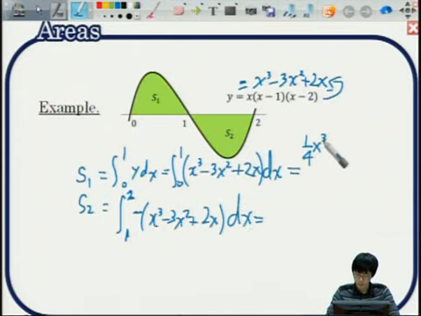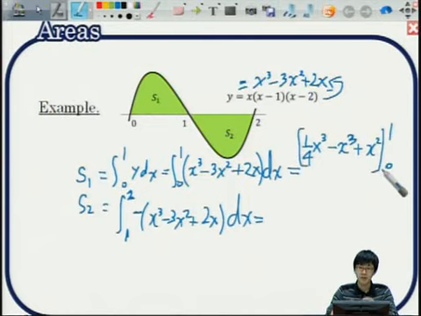Then this will be, so are you students kind of familiar with this polynomial integration? I'm familiar. Yeah, but if you are not familiar, you have to memorize this. Because this calculation is very basic, we have to do this 3 times in just this simple example.